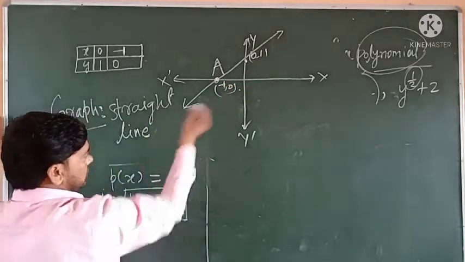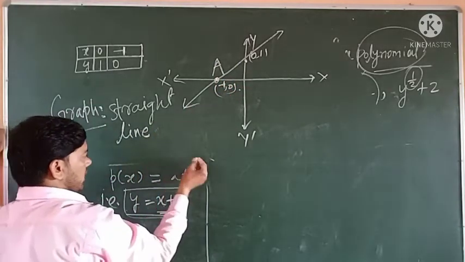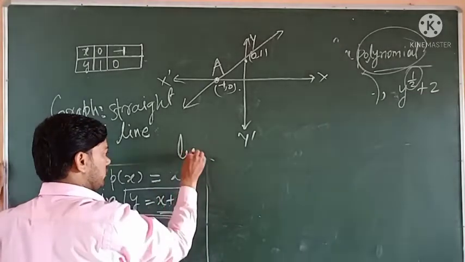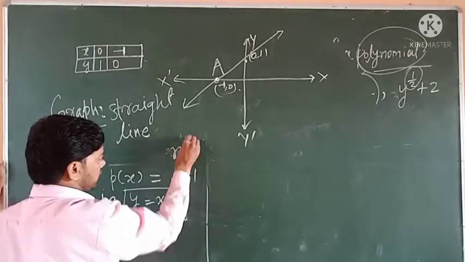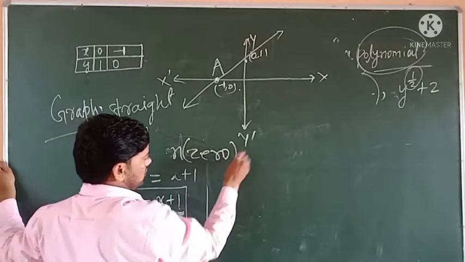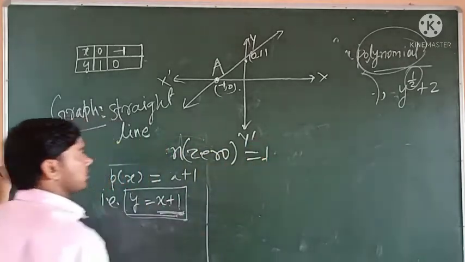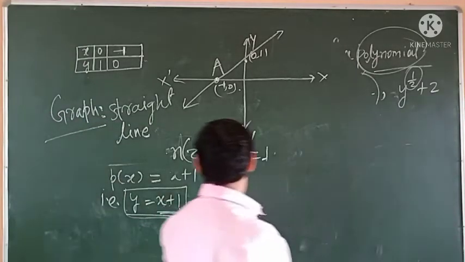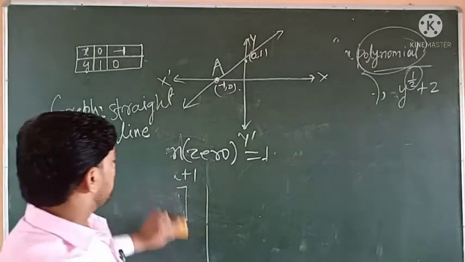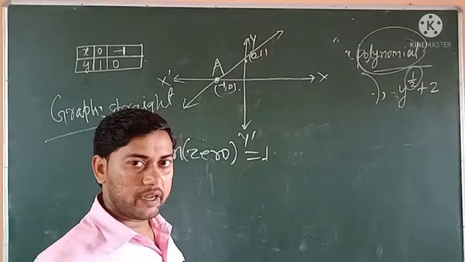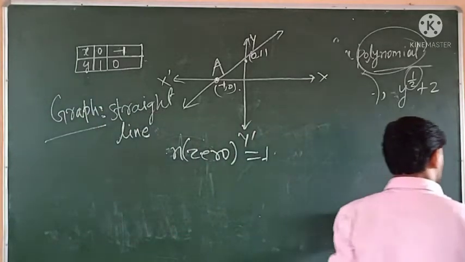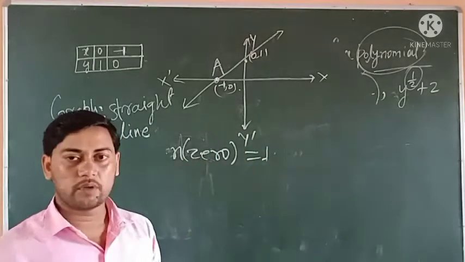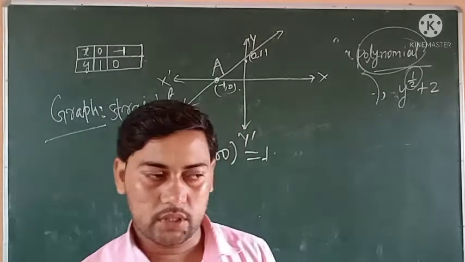So a linear polynomial has only one zero. The number of zeros is one. The graph of a linear equation is also a straight line, because if any polynomial has a sign of equality, that is called an equation.